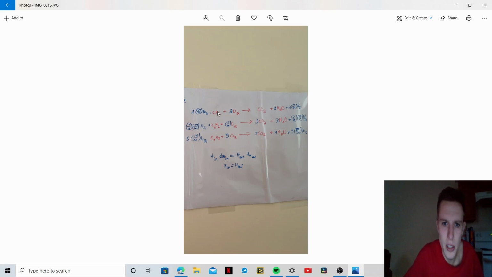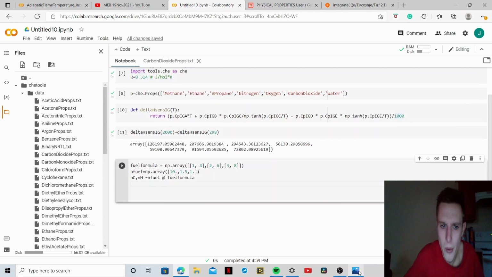For every carbon there is, there's a CO2. You see here, so we can say that n_CO2 is equal to the number of carbons.